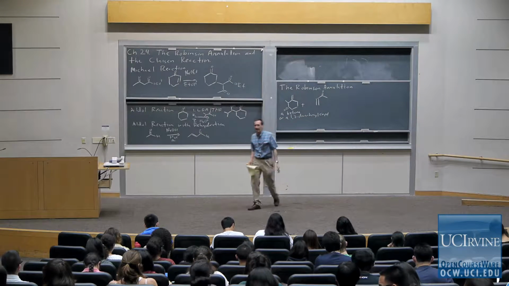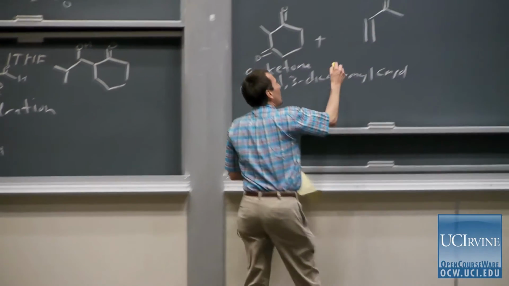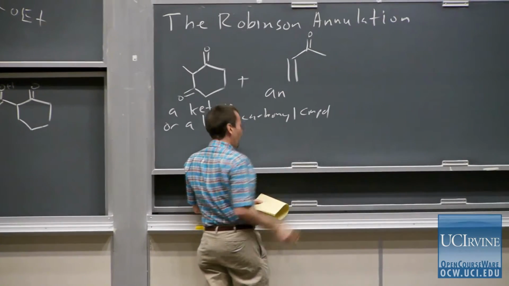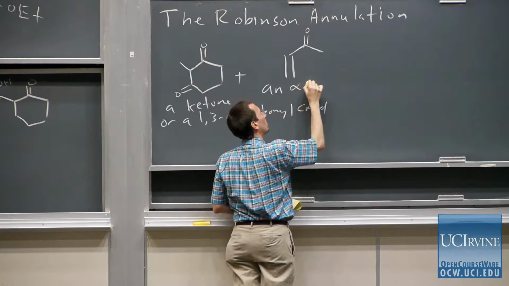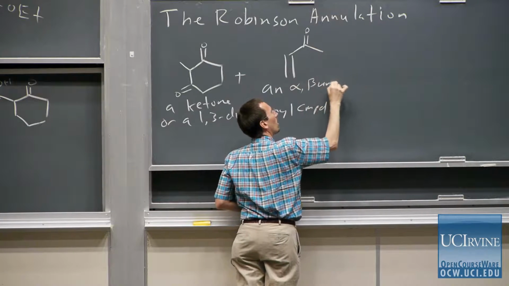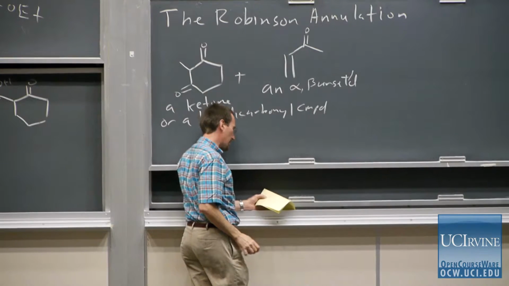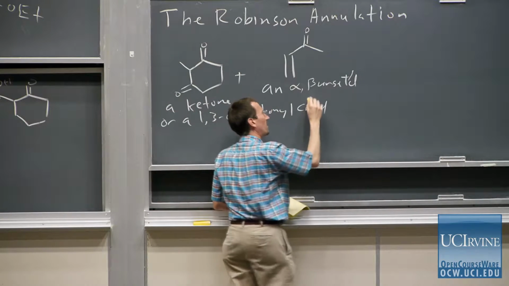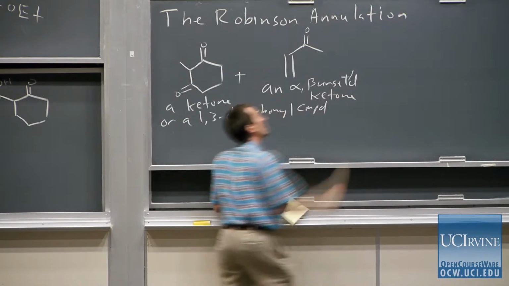If you really want to sound in the know, you could call it MVK. Anyway, this is an archetype for an alpha-beta unsaturated carbonyl compound. I'll write that in shorthand, alpha-beta unsaturated, and more specifically an alpha-beta unsaturated ketone because we're going to need that.